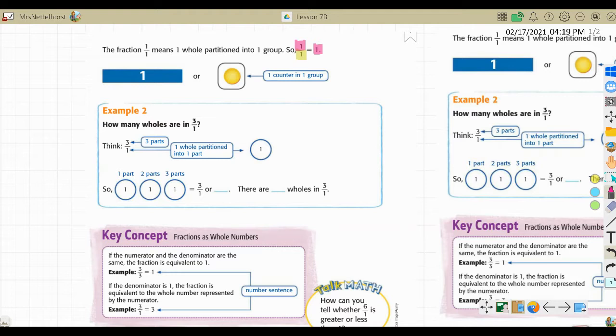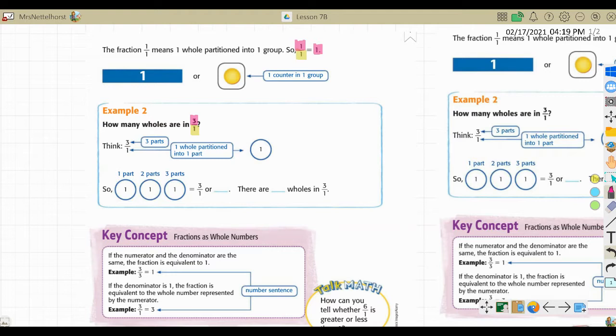So how many wholes are in 3 1-wholes, or 3 over 1? Okay, so our denominator is 1, so we know that our whole number is going to be equal to our numerator, which is 3. So you think 3 parts out of one whole partitioned into one part.